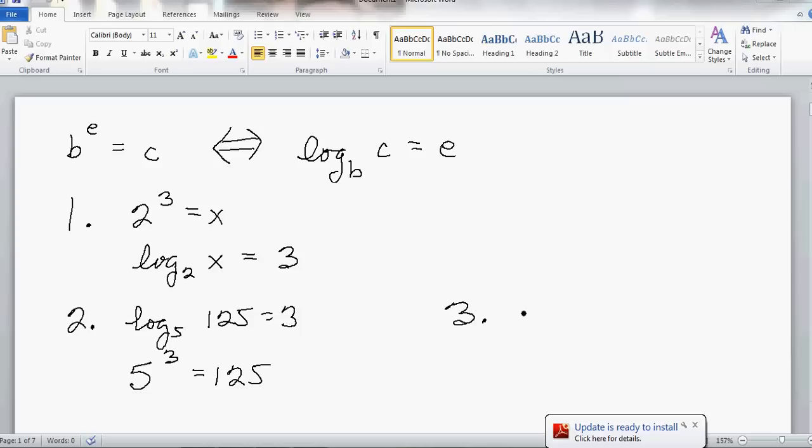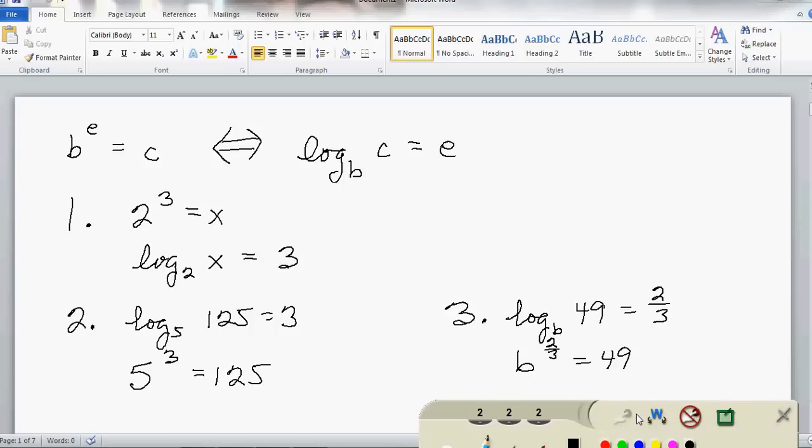Likewise, number 3, log base b of 49 equals 2/3, which means b raised to the 2/3 power is equal to 49. And realize this is actually how we're going to have to solve these types of problems. We can solve for b by doing the necessary stuff there to get our answers.